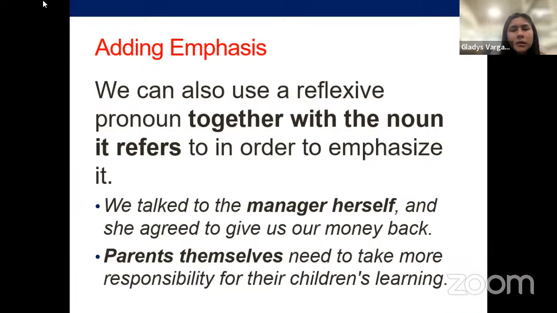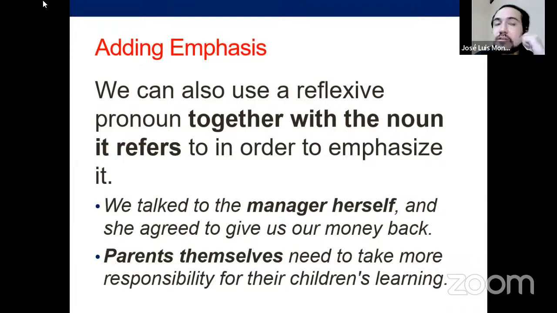We talked to the manager herself, and she agreed to give us our money back. Parents themselves need to take more responsibility for their children's learning. All right, thank you very much.